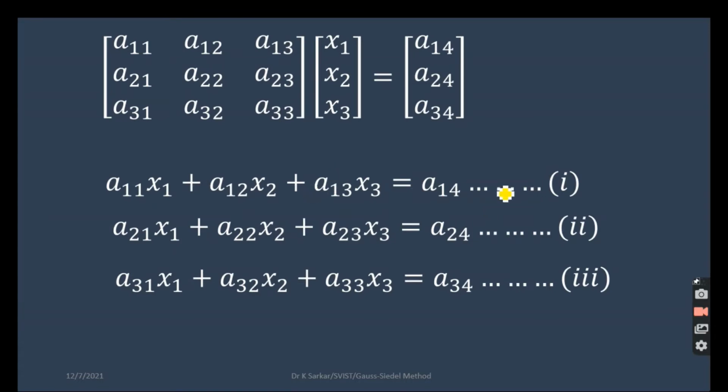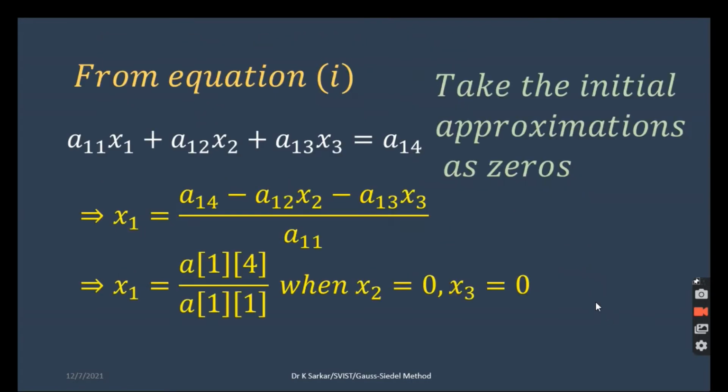Let us take the equations as 1, 2, 3. Then from equation 1, x1 will be A14 minus A12 x2 minus A13 x3 divided by A11.